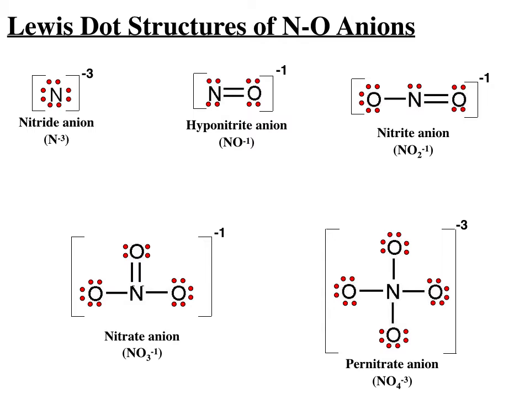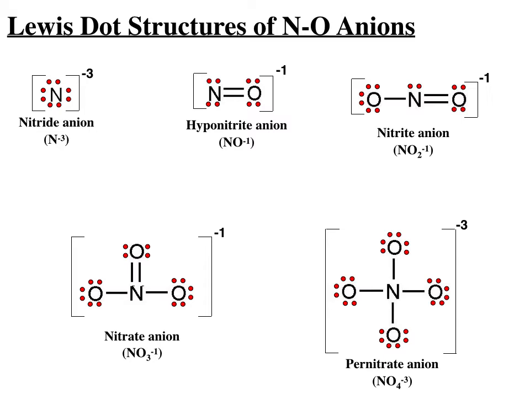And then, since each O in the NO4 needs 2 more electrons, a pair of electrons from the central N goes outward to each outer O. And again, to keep with the total picture, I draw a bracket around the whole thing and put the total charge on the outside, as I've talked about.